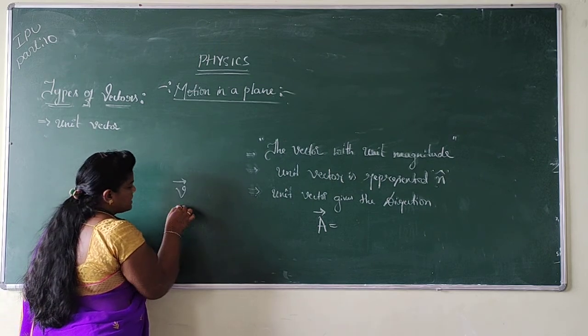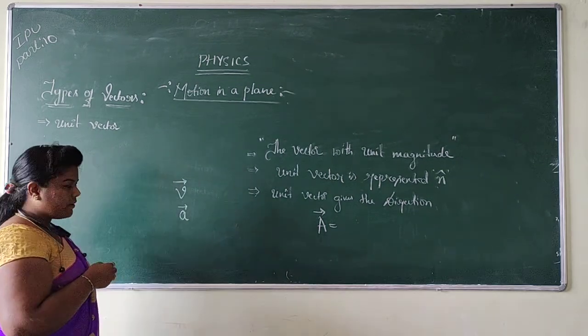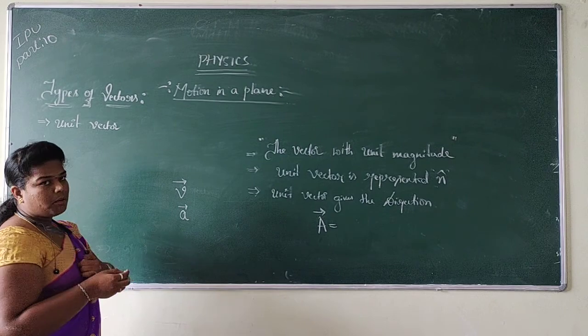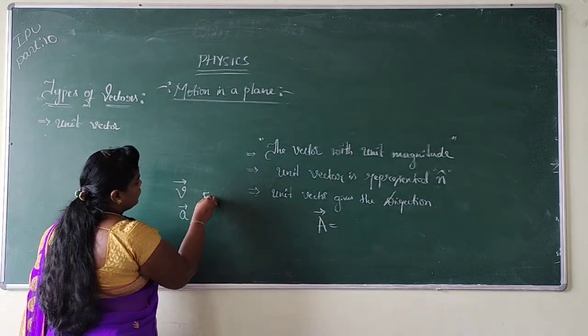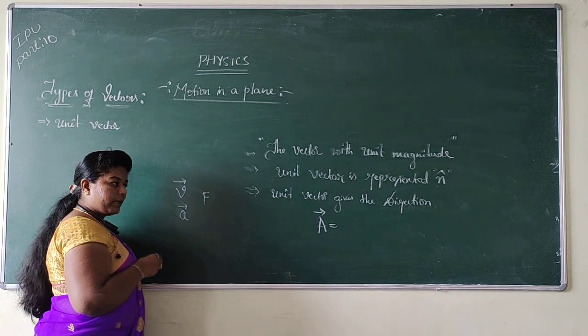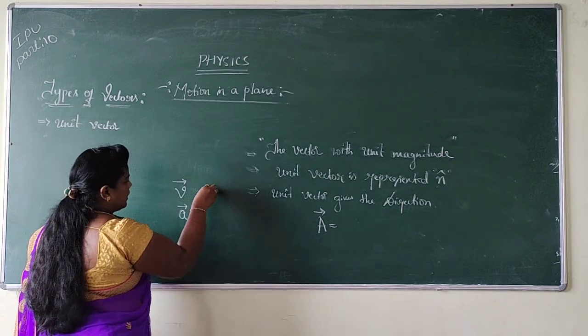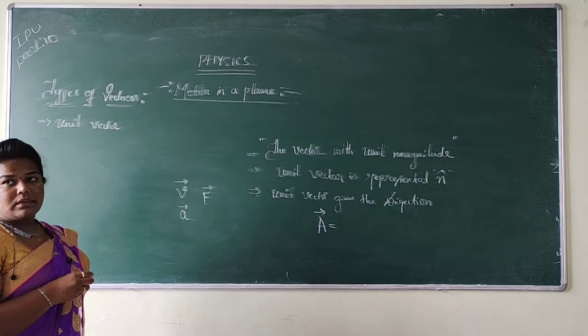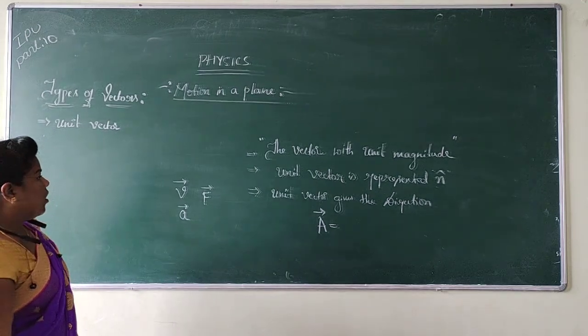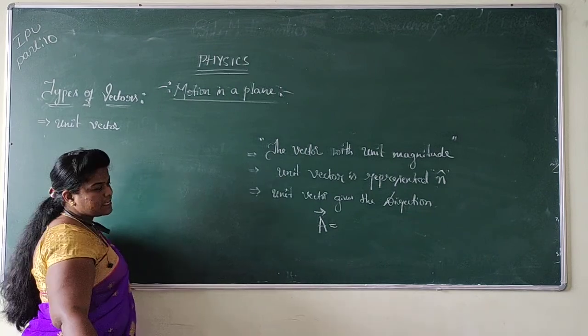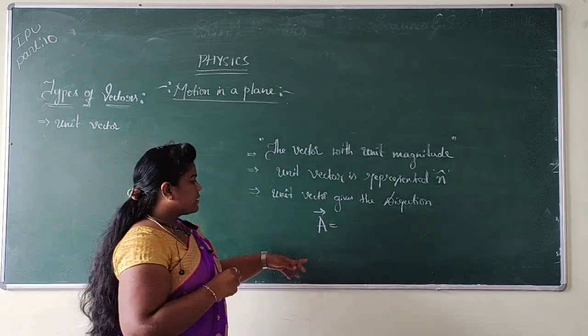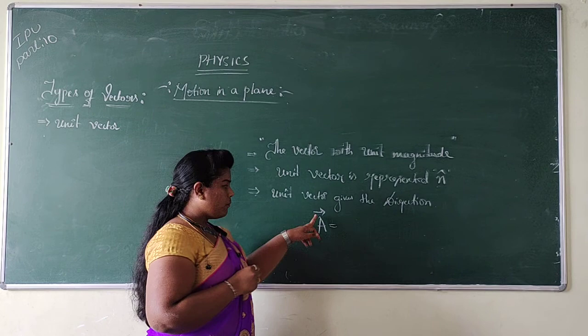And if you want to write acceleration, because acceleration is a vector quantity, put an arrow mark over the acceleration symbol. Suppose you want to write force, because force is a vector quantity, just write an arrow head above the letter F. In this way, I am going to consider a simple vector A, which is written as A with an arrow mark.